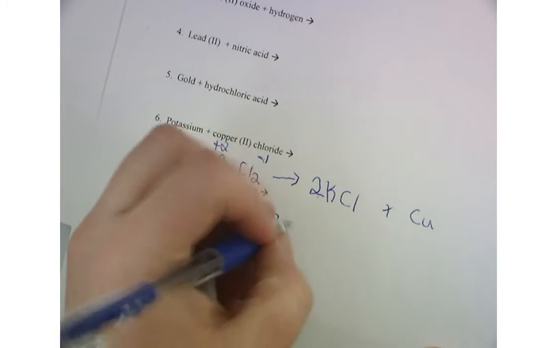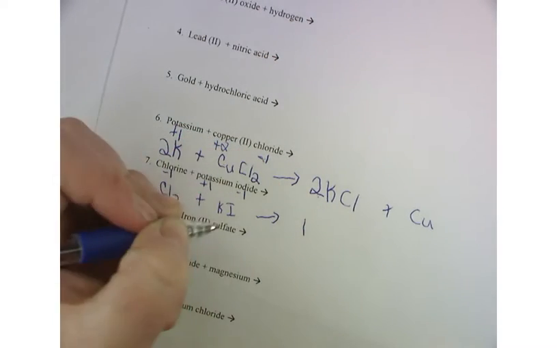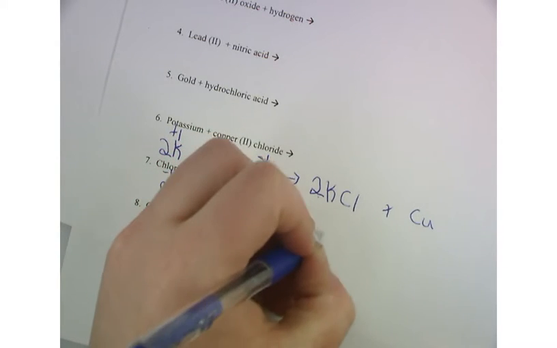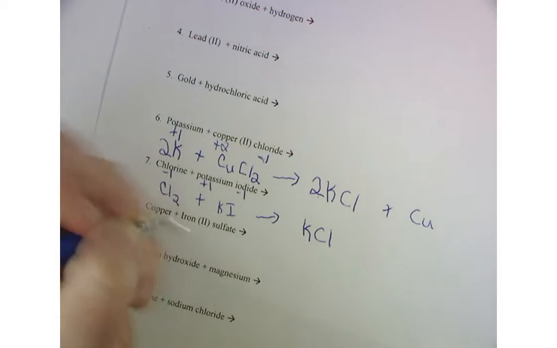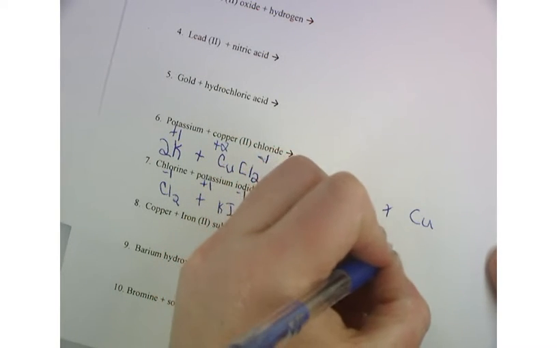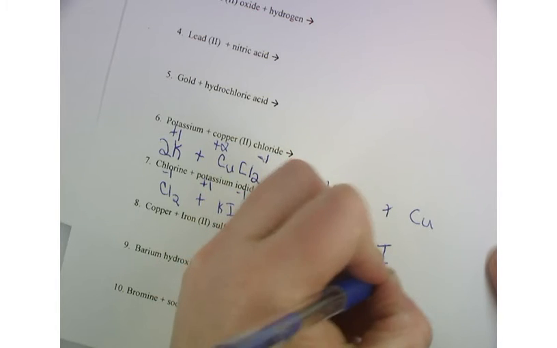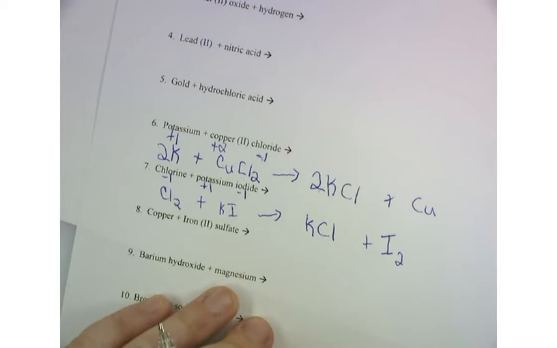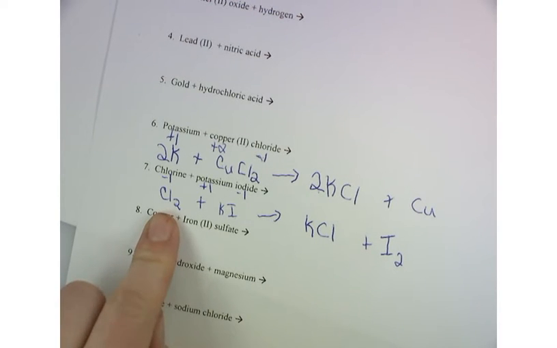So that's going to give us a product of KCl plus I. But remember, iodine is also one of the ones that needs a 2. So we need to put a 2 there as well. So we do have some balancing we need to do.